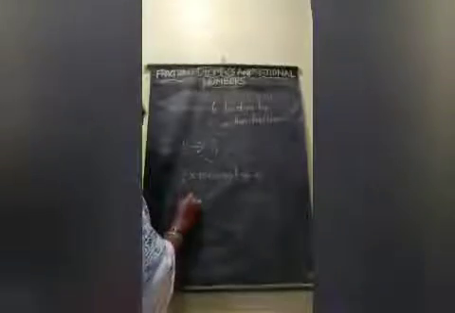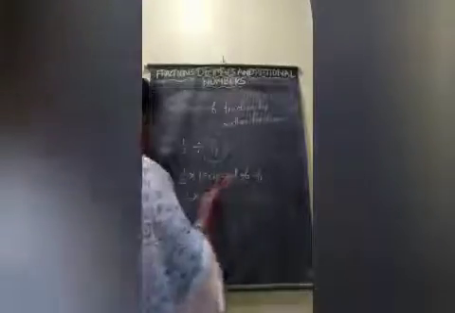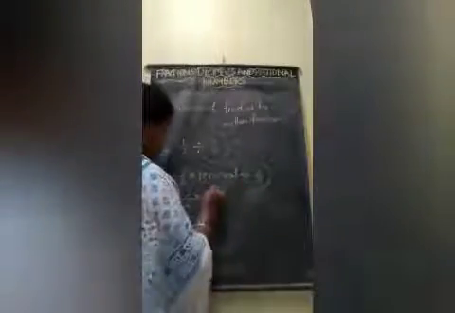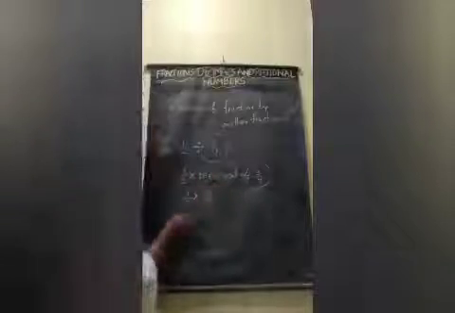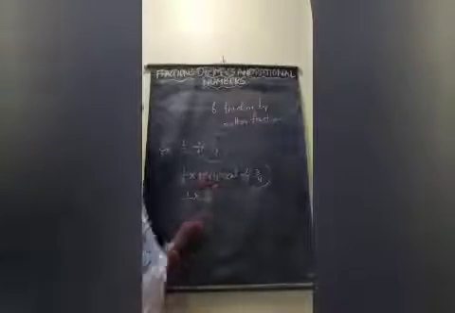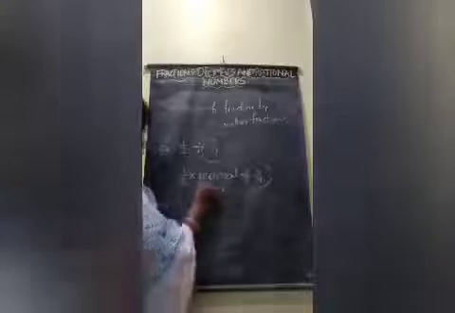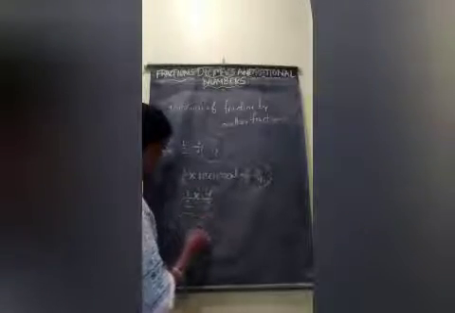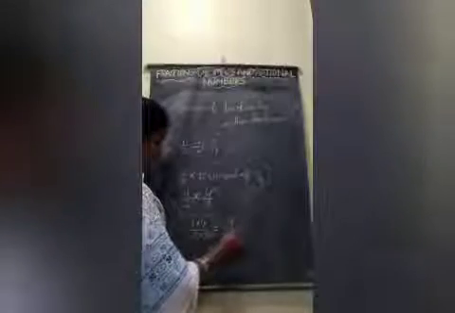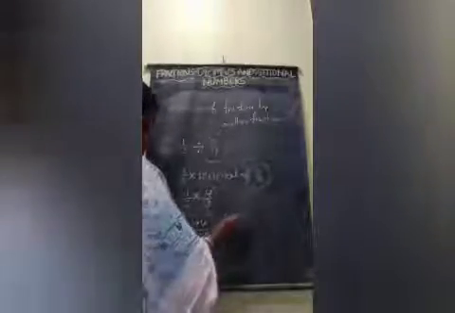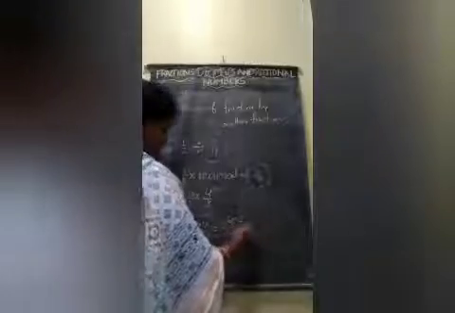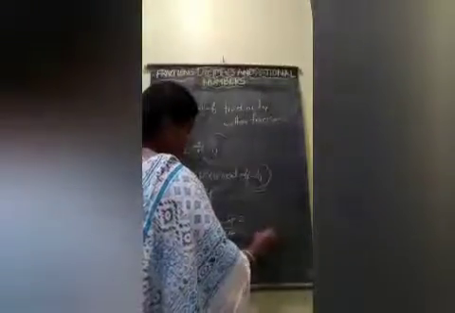That is equal to 1 by 2 multiplied with 4 by 3, the reciprocal. The multiplication of two fractions is equal to the product of the numerators by the product of the denominators. 1 times 4 is 4, 2 times 3 is 6; 4 by 6 simplifies to 2 by 3. We get 2 by 3.